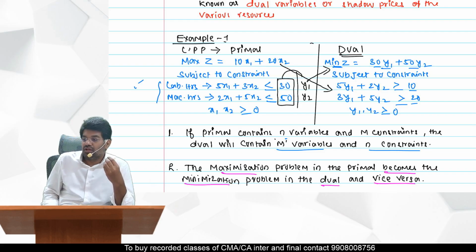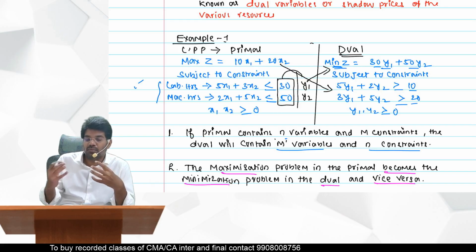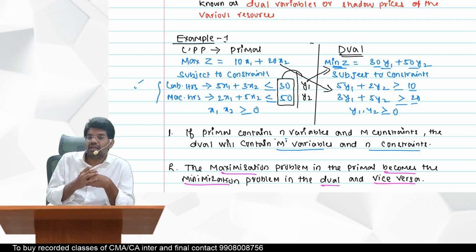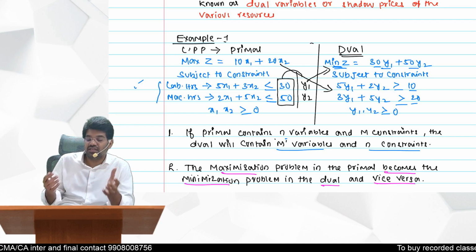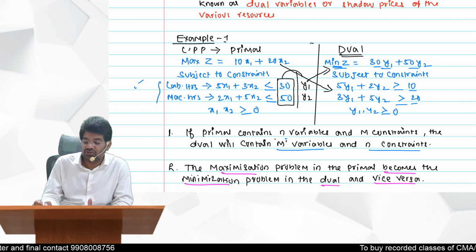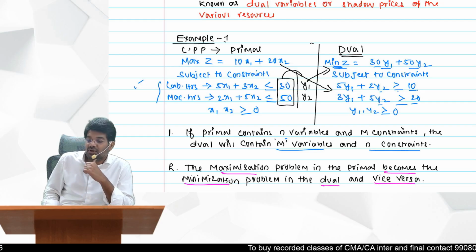If you minimize your opportunity cost, it is going to increase your profit. So that profit should be greater than or equal to 10 in the first case. Second case, it should be greater than or equal to 20.